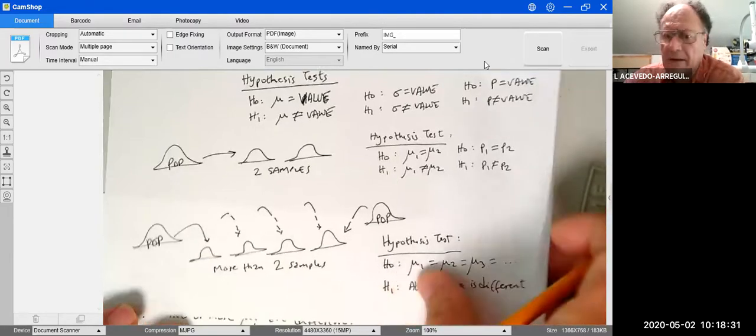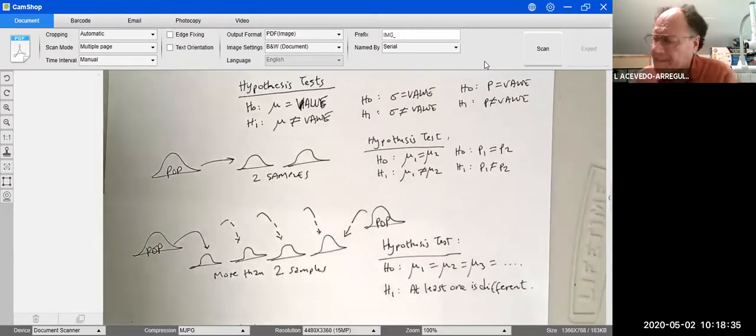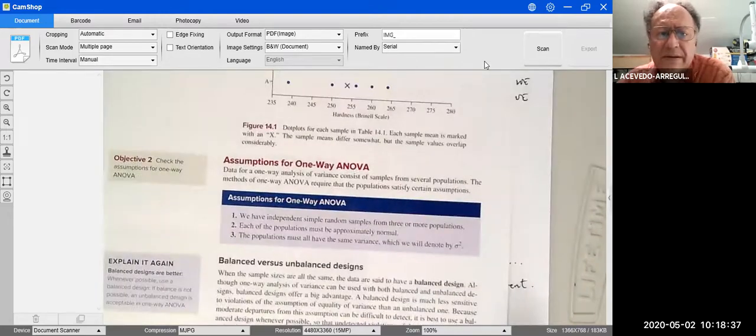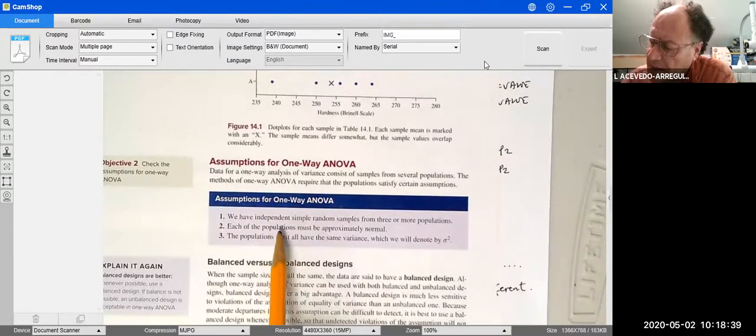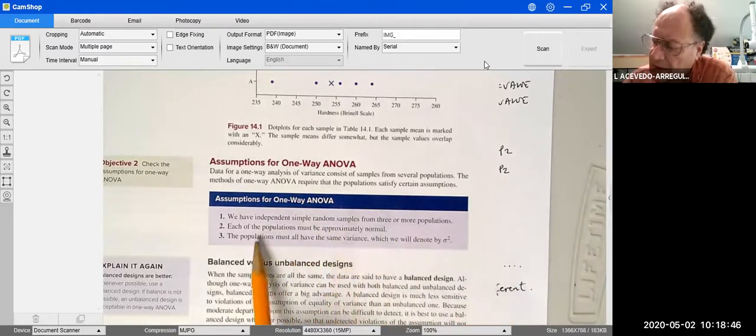So we're going to have some assumptions to use that analysis. The first one is that we need to have independent simple random samples from 3 or more populations. We need also that each of the populations must be normally distributed.